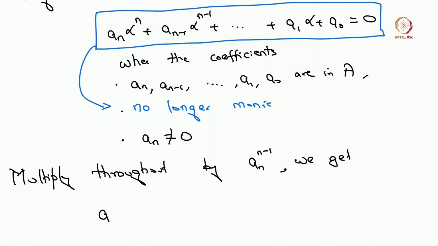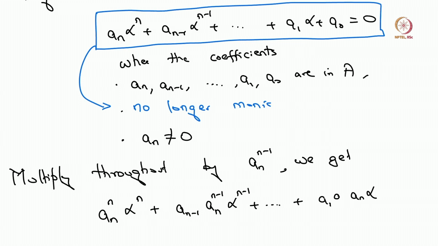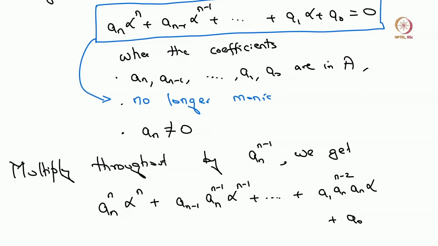We get a_n^n alpha^n + a_{n-1} a_n^{n-1} alpha^{n-1} + and so on, a_1 a_n alpha a_n^{n-2} + a_0 a_n^{n-1}.